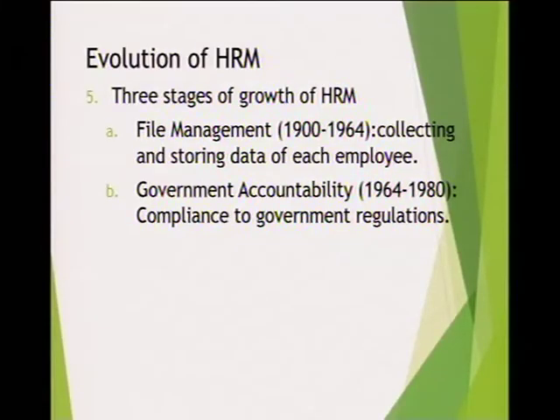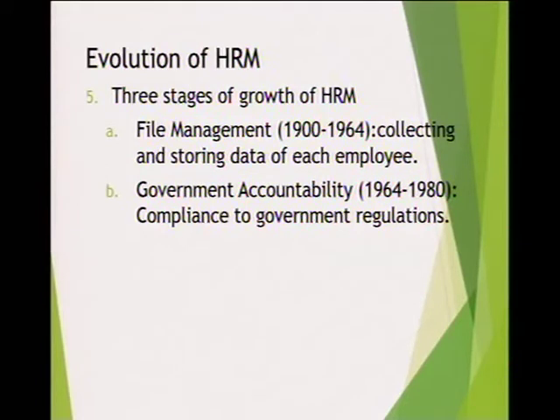So the fifth one that we look at is the 3 stages of growth of human resource management. The first one is the personnel administration stage, where it started from the 1900s and up to the 1960s, where the emphasis was made on collecting and storing data on each employee.